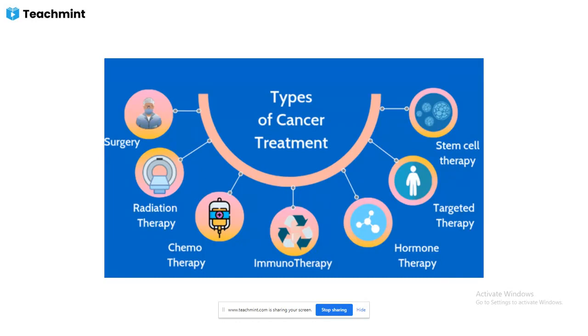Some types of surgery are also preferred, meaning the cancerous cells can be removed by surgery, but this is not a permanent solution or cure, as some cells may remain behind and may multiply in the future to cause cancer again. So surgery is not a permanent solution.